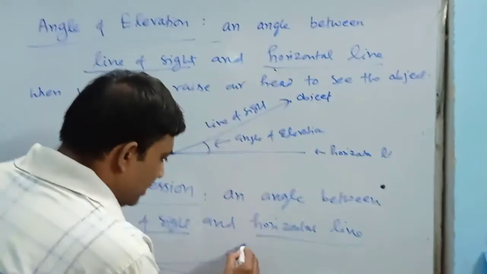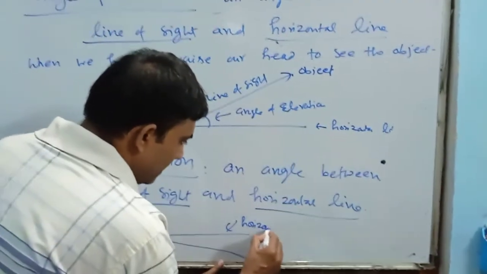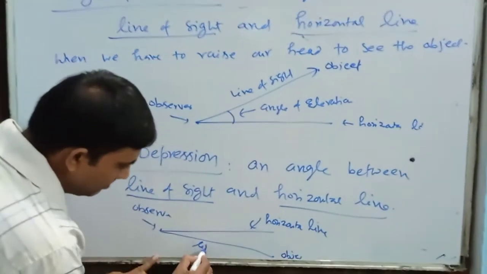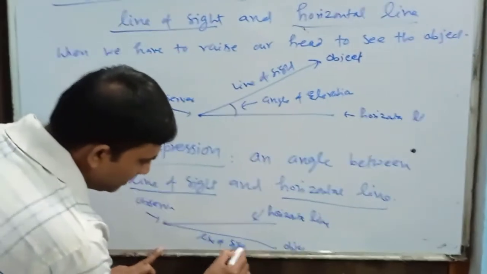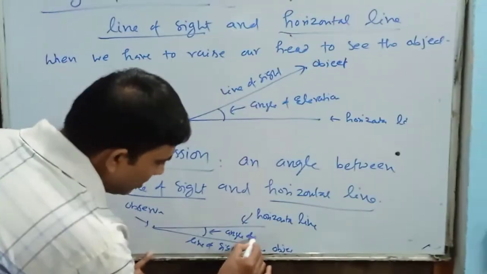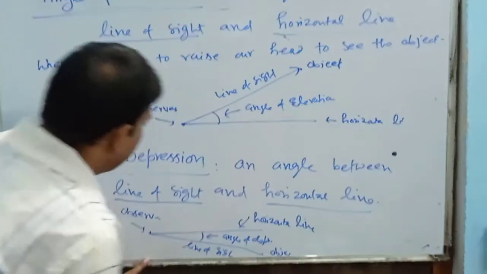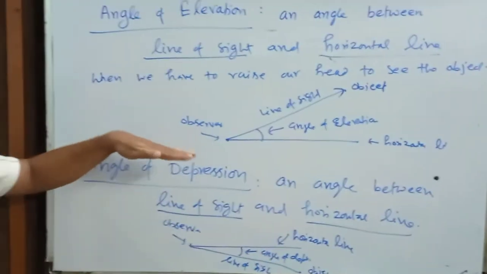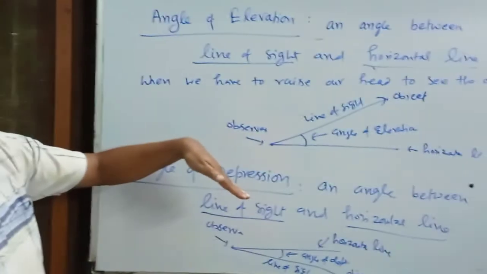In this case, it is horizontal line and it is line of sight. And this angle is angle of depression. Depression means to depress, to suppress, to lower. So in this case, you have to lower your head to see the object.